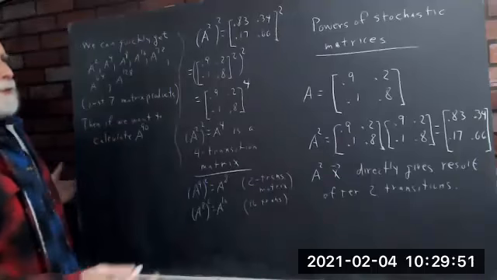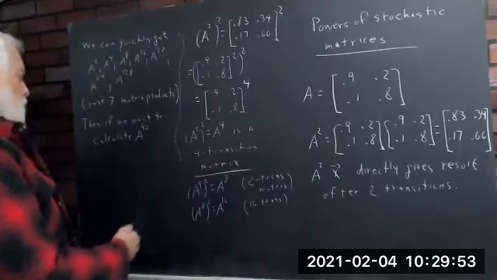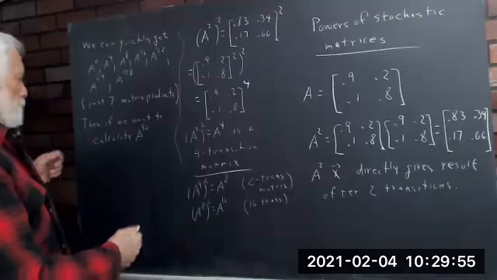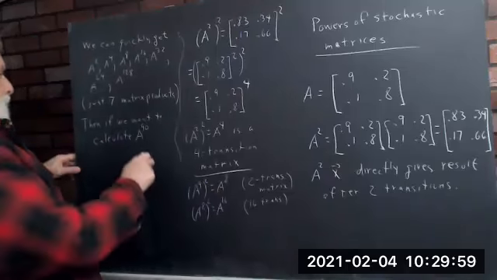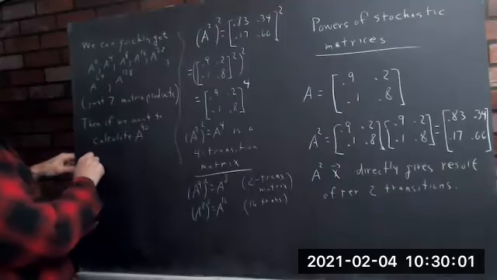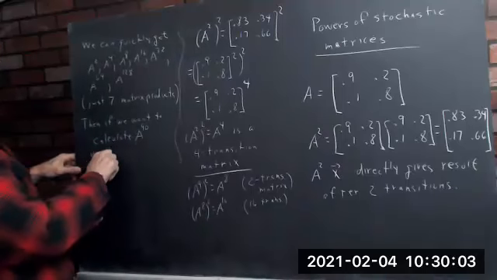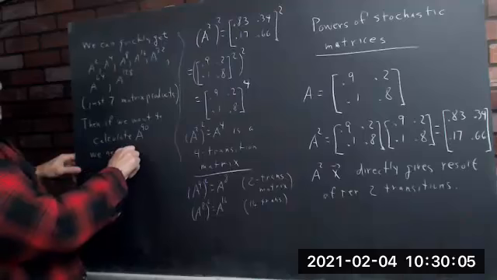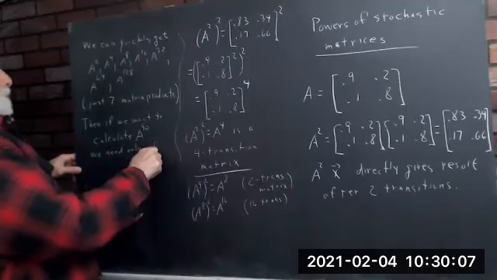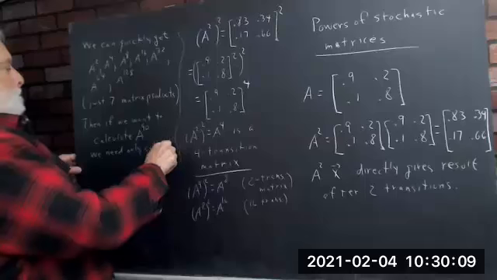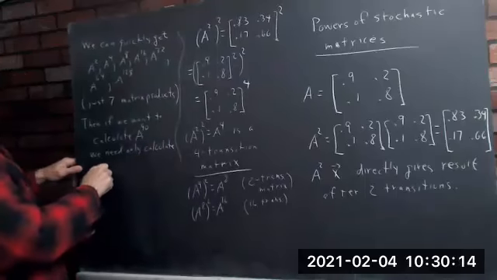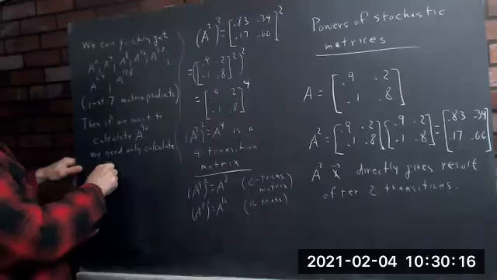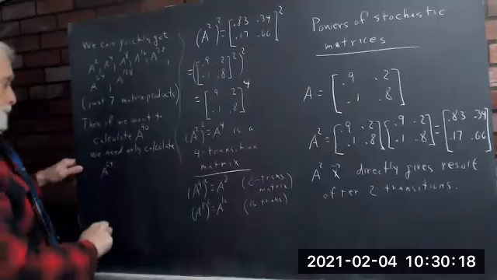But it's a large matrix, it's a little harder to do that. So for a 2 by 2 matrix, it's pretty straightforward. Okay, but we can calculate A to the 90th. We need only calculate what? We've got A to the 64th.